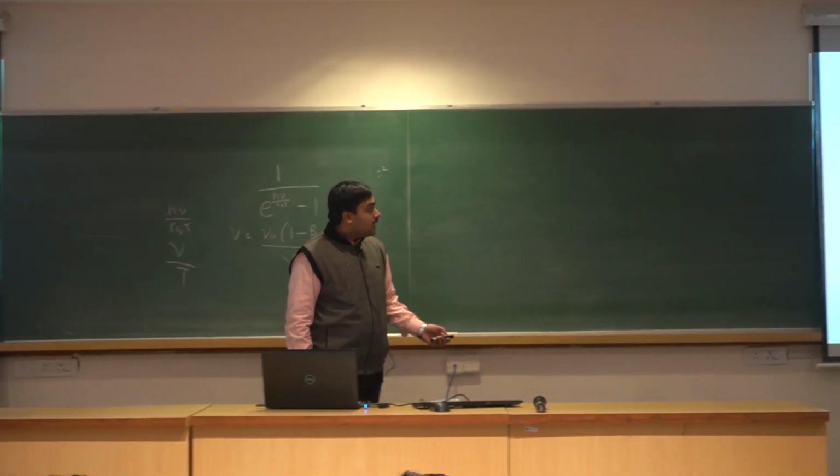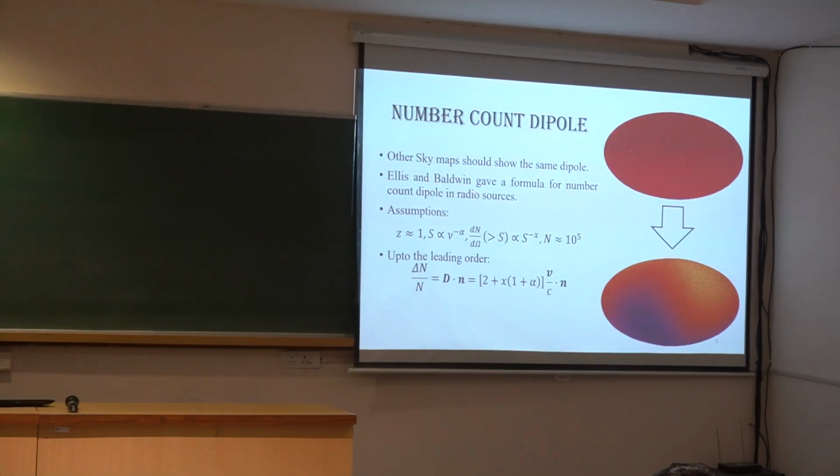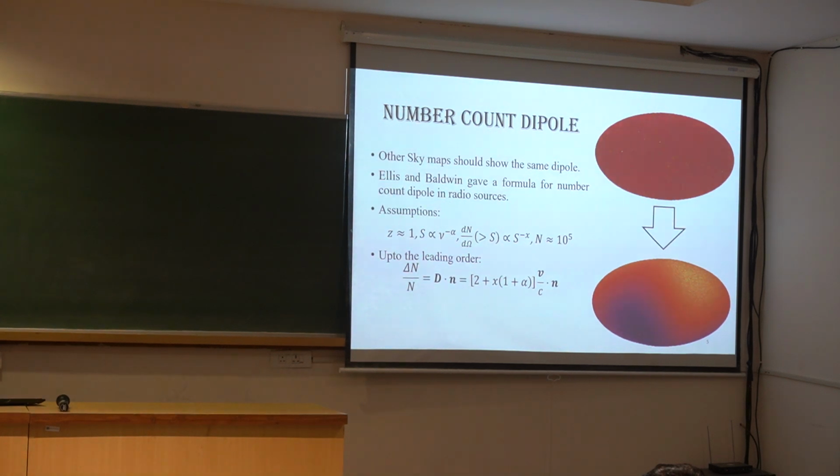Okay. Now in 1984, Ellis and Baldwin, two famous cosmologists, stated that if we are seeing a dipole-like structure, then all sky surveys of other cosmologically distant probes, such as galaxies, supernovae and quasars for that purpose, should show a similar dipole, and they derived a formula for that dipole anisotropy.